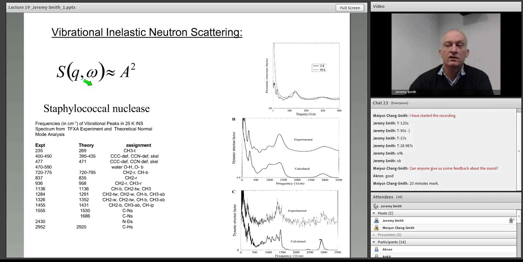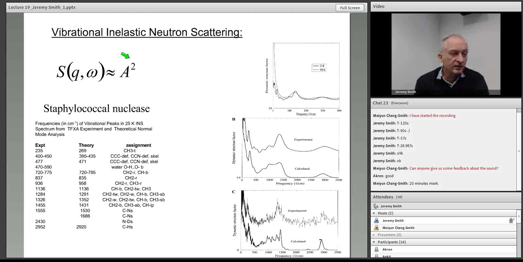And so, because I mentioned this Van Hove correlation function was a very direct connection between neutron scattering and dynamics, this directness is manifested in the fact that amplitudes are very easy to calculate. Once you know the dynamics, you can calculate the amplitude of the vibration peak easily. This is not true for infrared scattering, where you need to know dipole moment fluctuations.